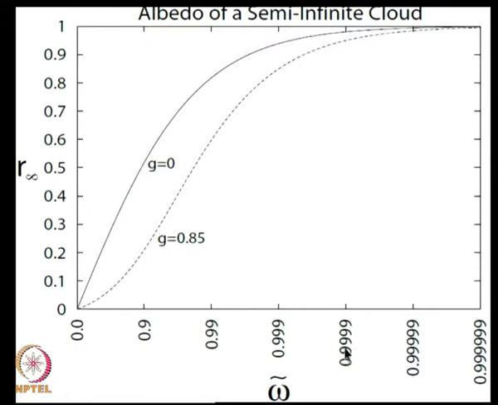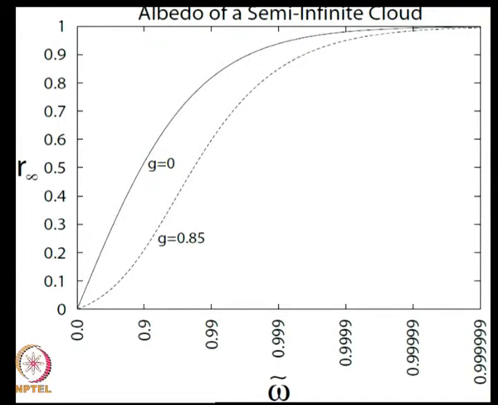So, what this really means is, if the particles are predominantly scattering, then you can assume that the albedo will approach 1 irrespective of the nature of scattering, whether it is isotropic or non-isotropic, because if the single scattering albedo is so large, ultimately the photons will be backscattered after a large number of scattering events within the medium.